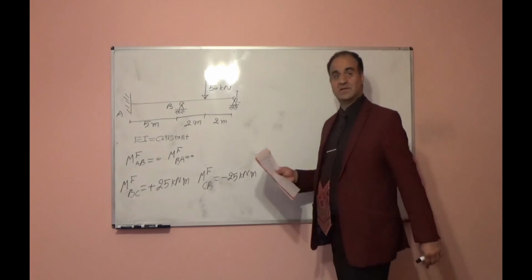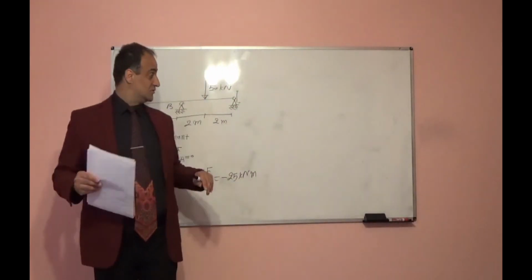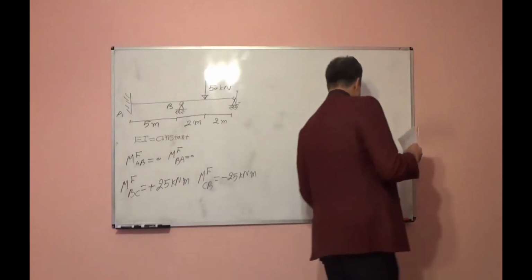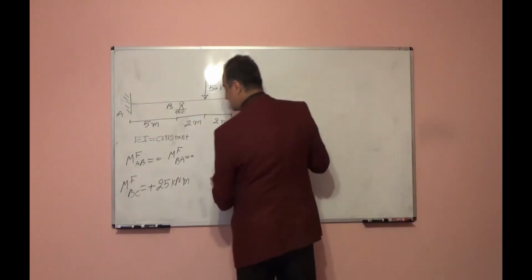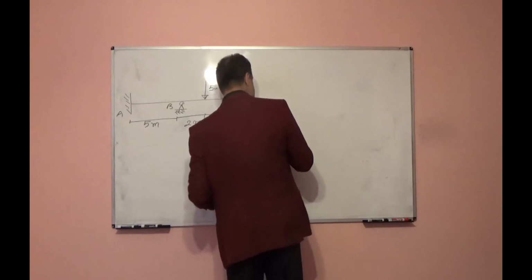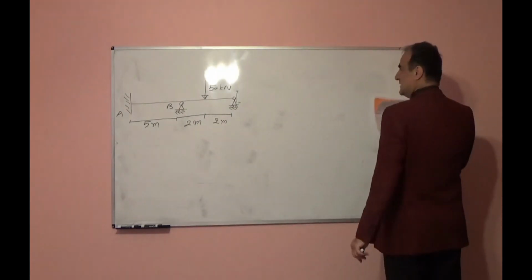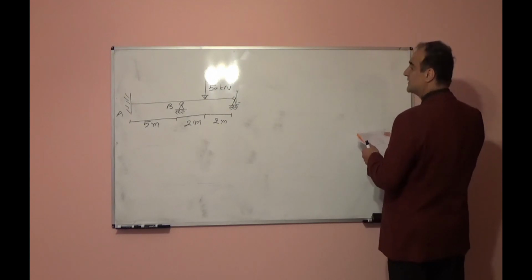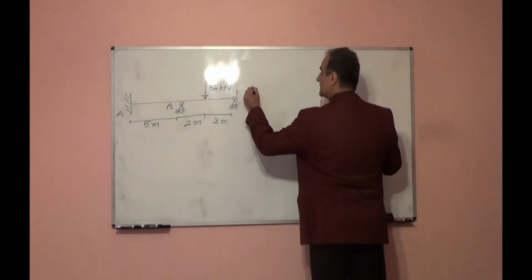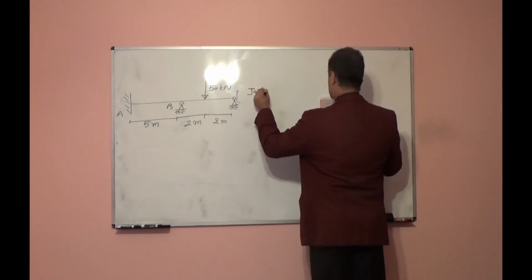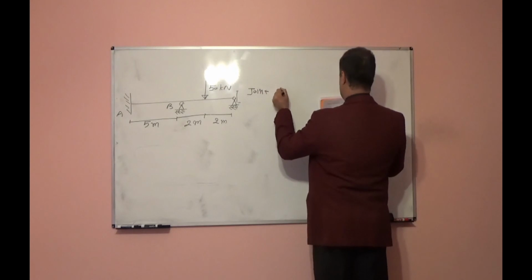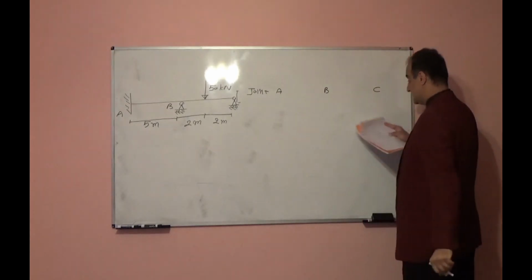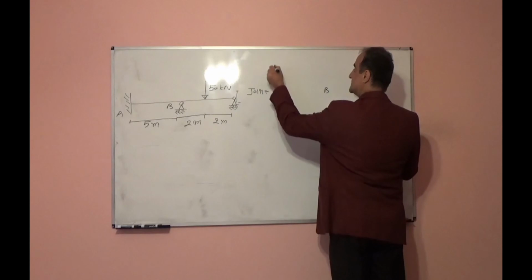Now we will create one table. Always I recommend using some sort of table because it will make your calculation much easier and you will not make mistakes. So, in order to create the table, I have enough space here, hopefully. Joint: I have joint A, joint B, joint C. Joint A it is fixed joint, we know that.